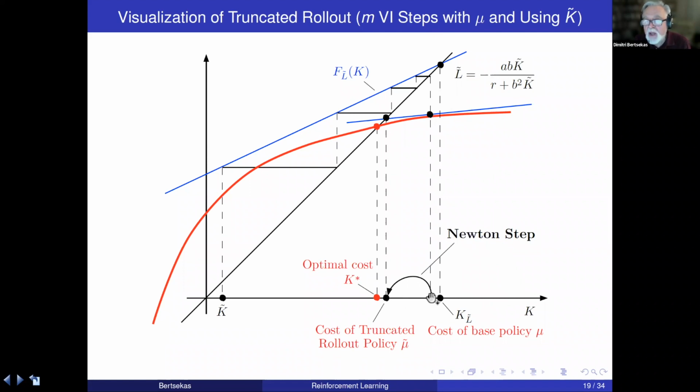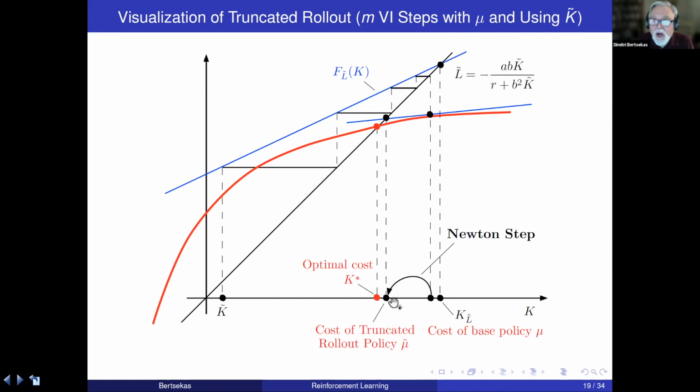They improve the starting point and bring me closer to K star. So if K tilde is over here, and I do value iteration steps, that will take me close to this point here. It will not cross over to this side, it will just converge. As m goes to infinity, I would converge to this point here. So the more value iterations I do, the better off I am.